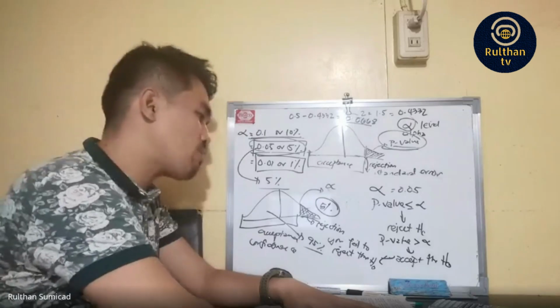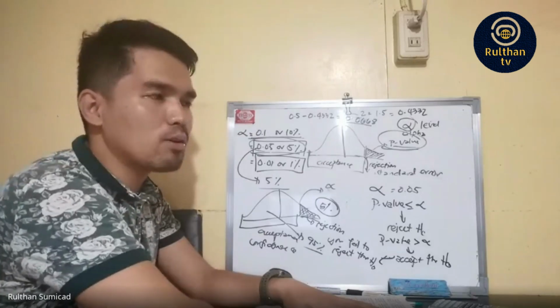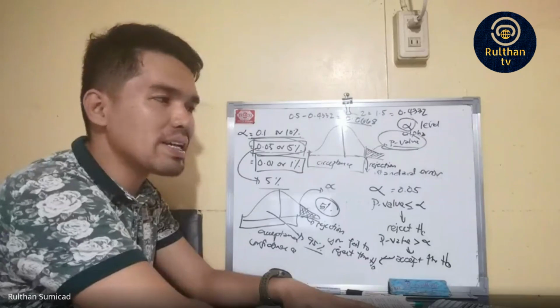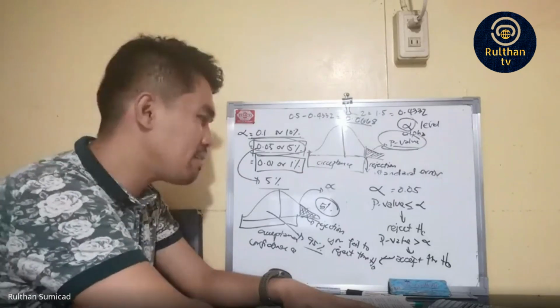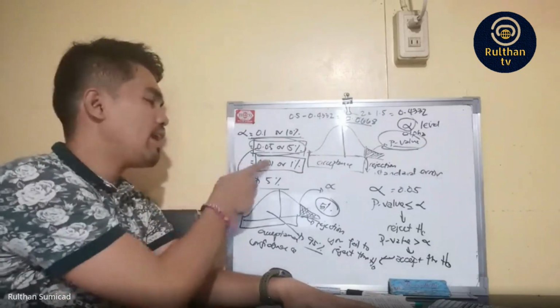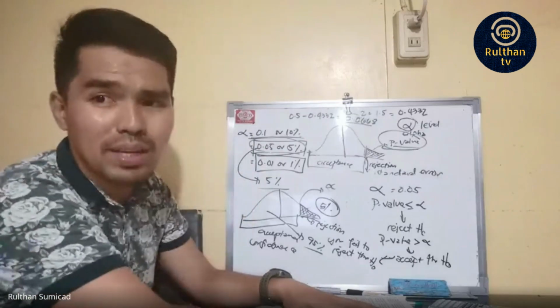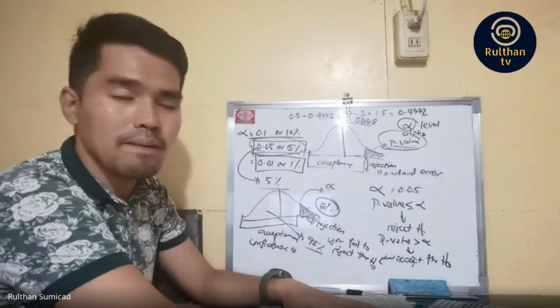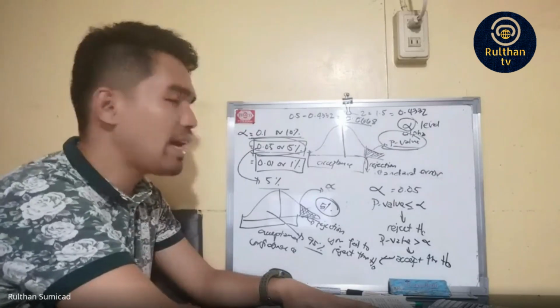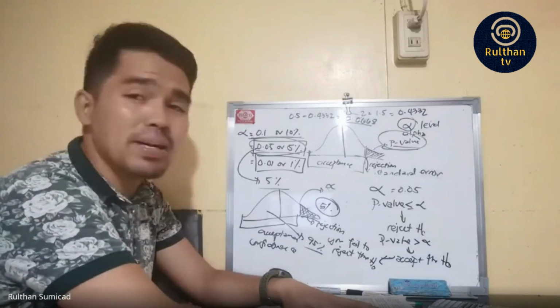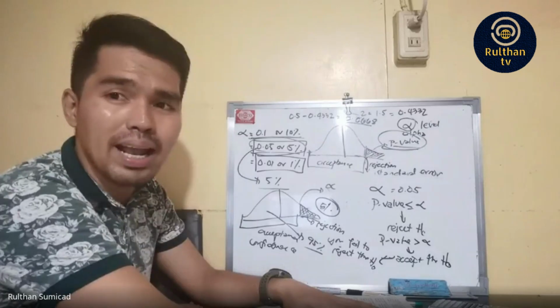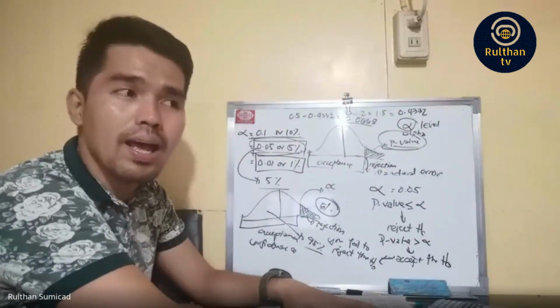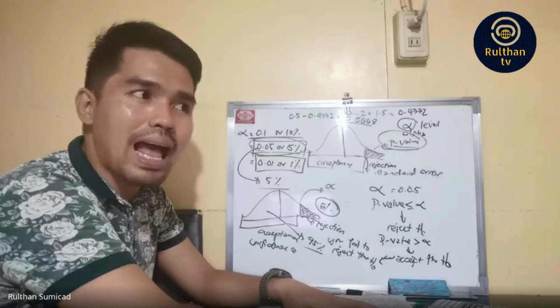Okay, so that's why in the area of those who are into researches for cure medicine, 1% level of significance is the only tolerable risk. But in the field of psychology and most other fields as well, 5% is already accepted and became the conventional alpha value.